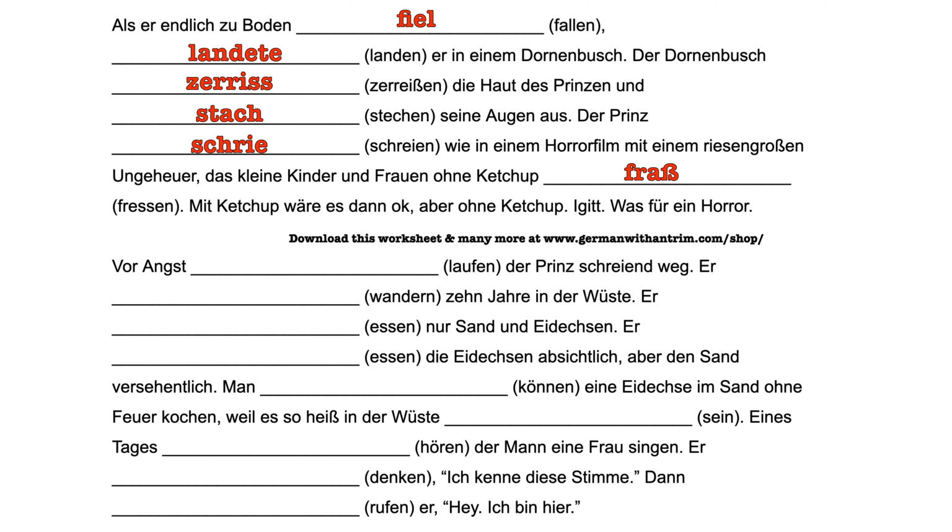So he screamed, wie in einem Horrorfilm mit einem riesengroßen Ungeheuer, das kleine Kinder und Frauen ohne Ketchup fraß. So he screamed like in a horror film with a giant monster that is eating small children and women without ketchup. Mit Ketchup wäre es dann okay, aber ohne Ketchup, igitt, was für ein Horror. With ketchup, it would be okay, but without ketchup, that's disgusting.